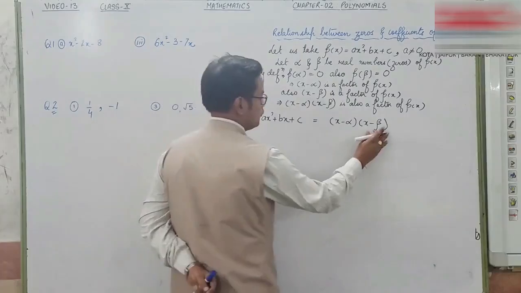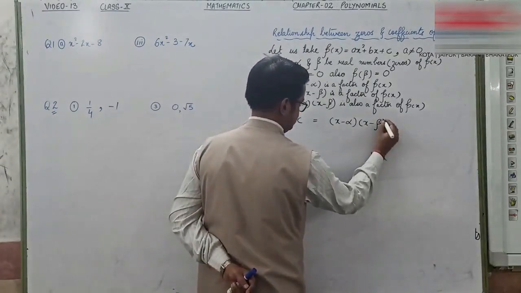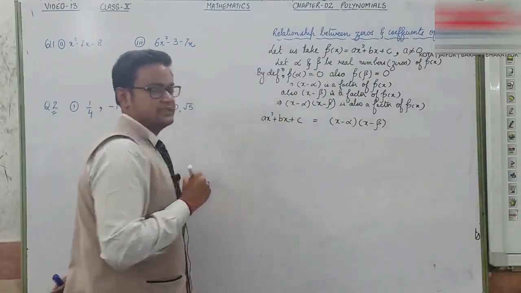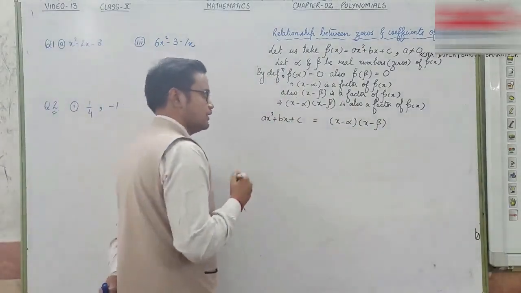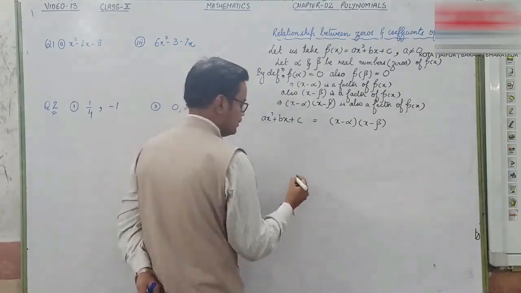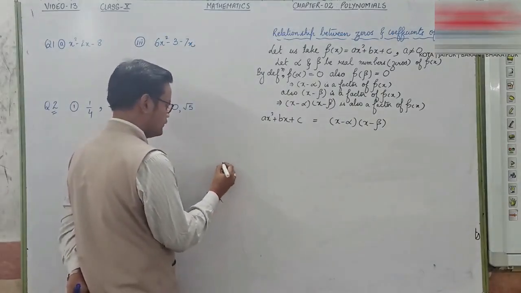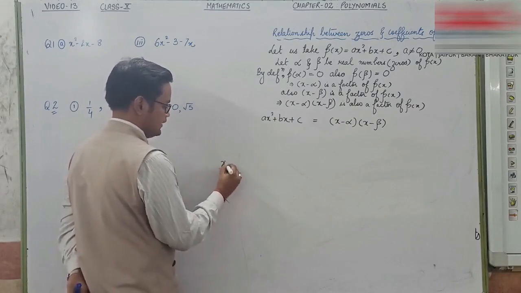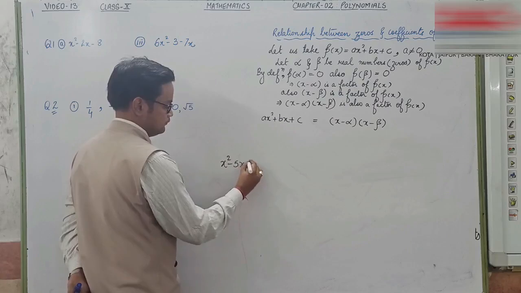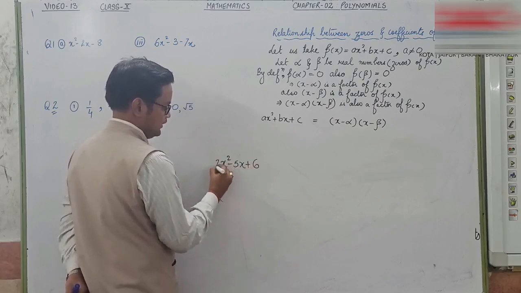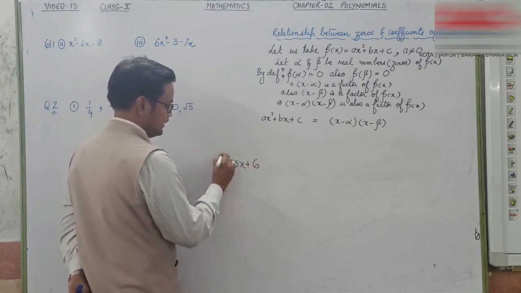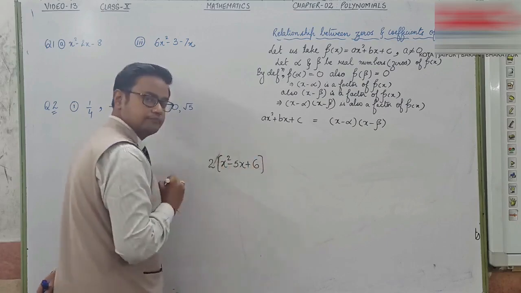But we are missing out on one thing, children. What is that thing? Let us say the polynomial is of this kind. I can multiply the entire polynomial by 2, right?